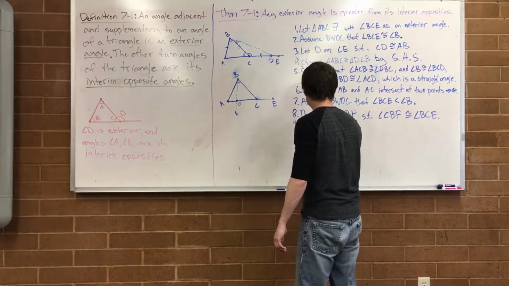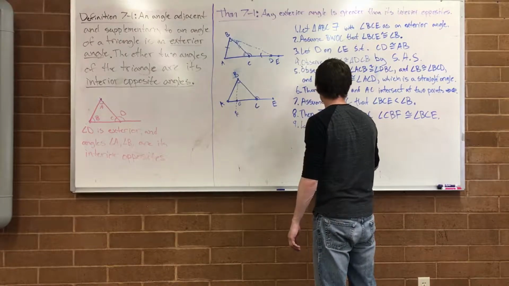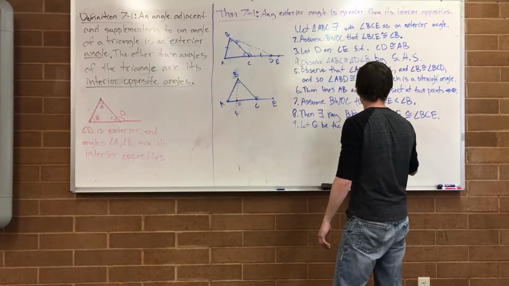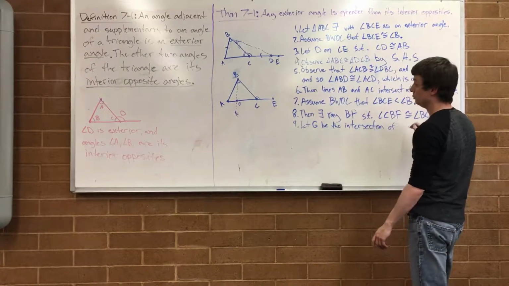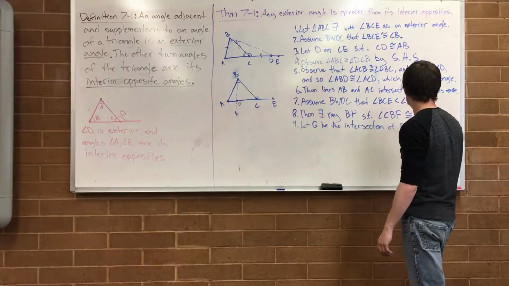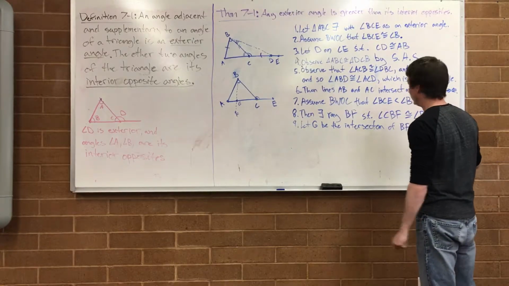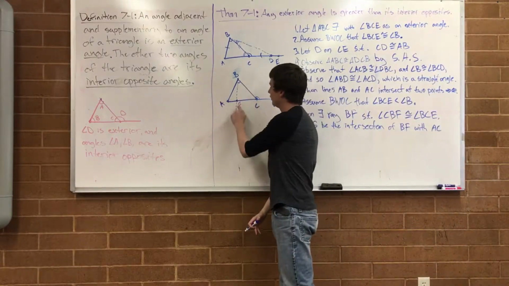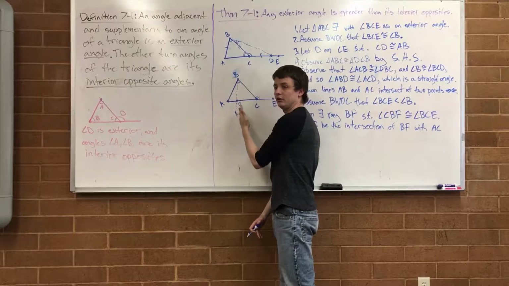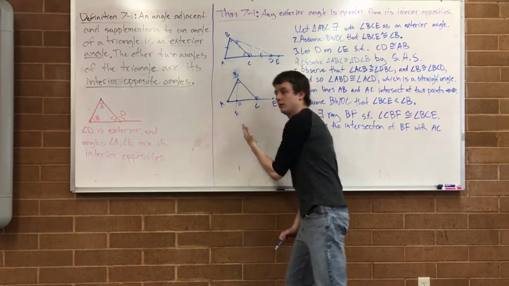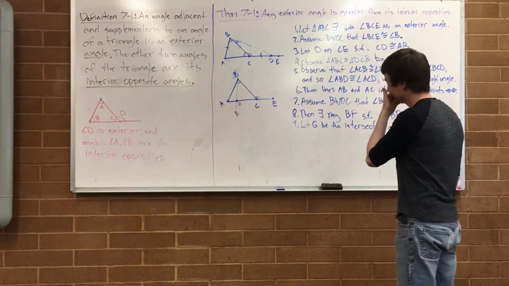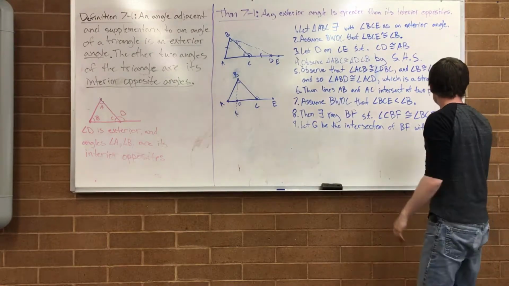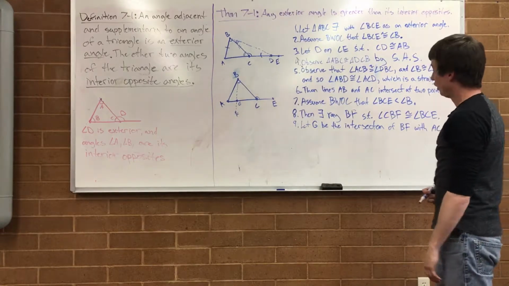Let G be the intersection of BF with AC. And we know that it intersects in one of those two sides because the ray is interior. So let G be that point.